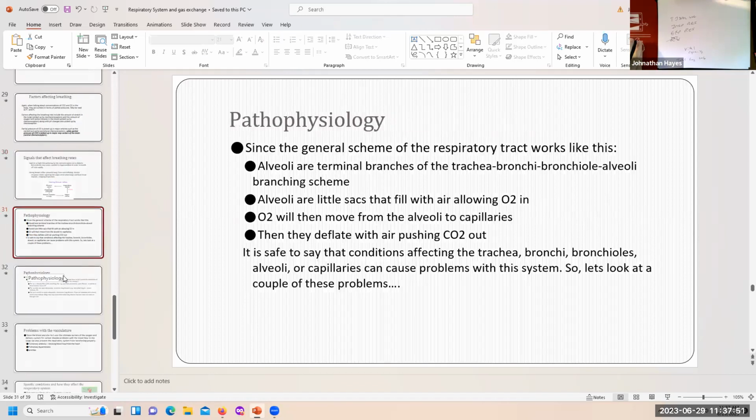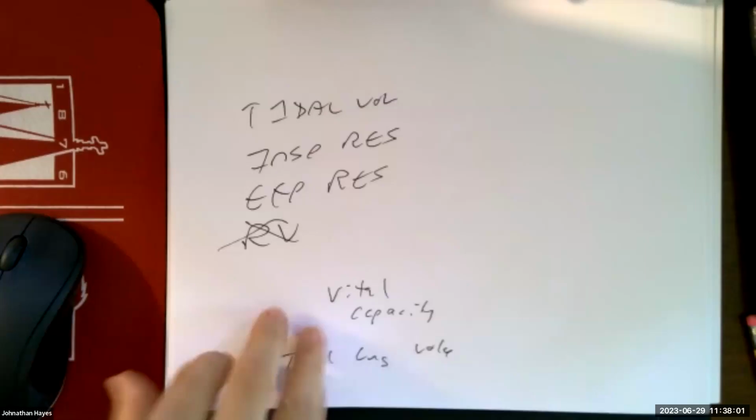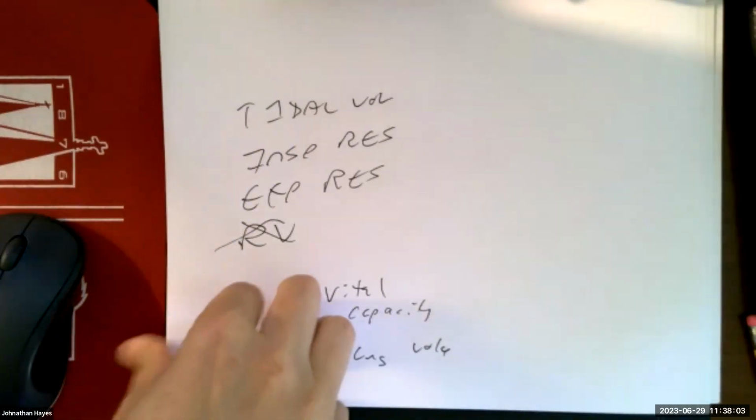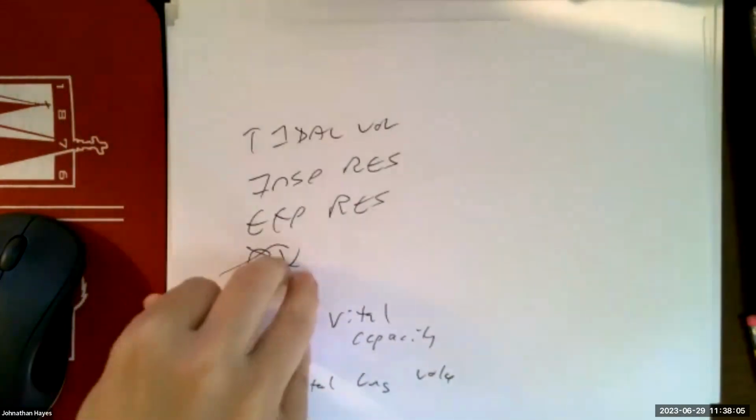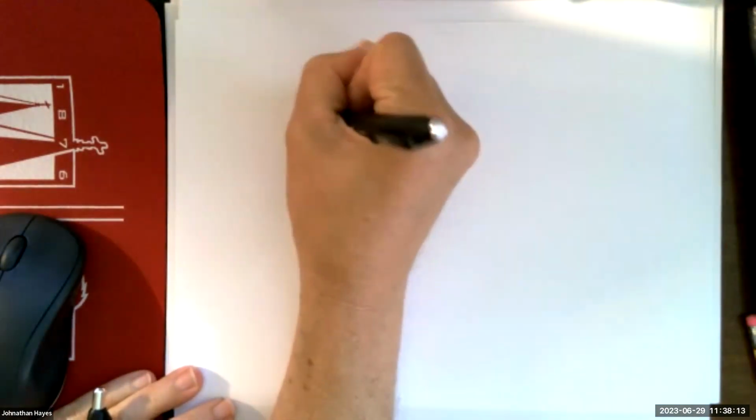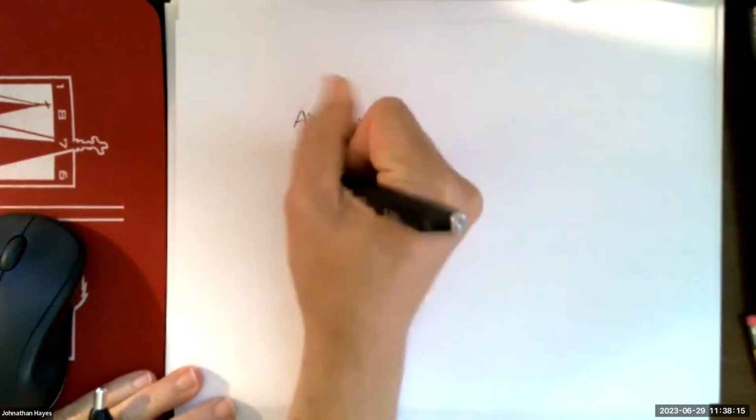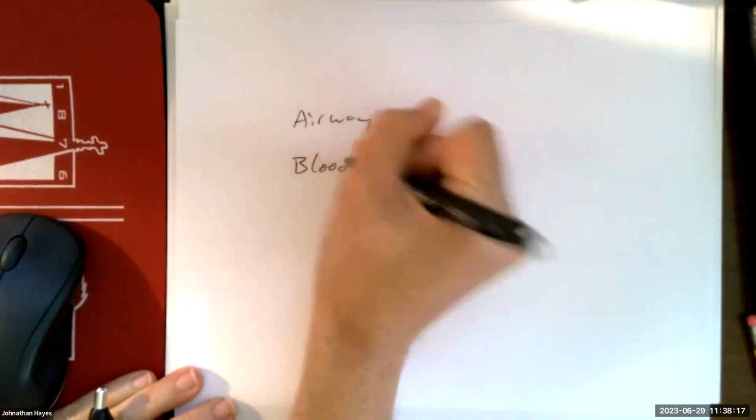And then when you get into the pathophysiology, I love the way Clinical Pathophysiology Made Ridiculously Simple works. It basically says the exact same thing that we said at the very beginning of class. When you are dealing with a healthy respiratory system, you have to have two major components. You have to have an airway, and you have to have the blood that gets to it.